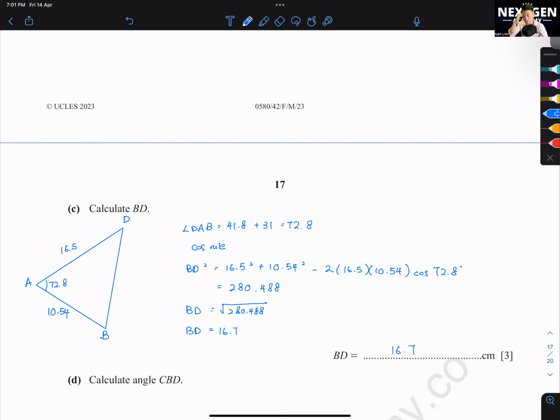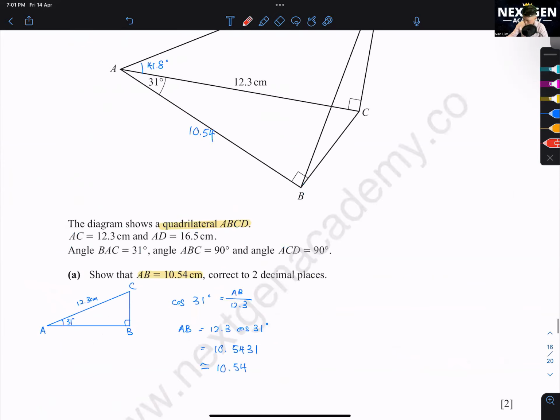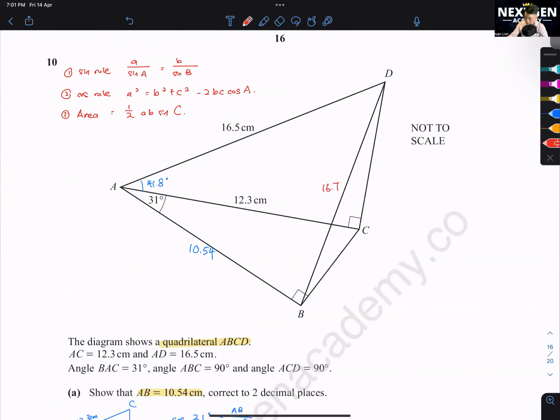Okay, 16.7 cm. So let's put it back here. Here we have 16.7. Look here, don't get distracted by the other lines. All right, next one. They say calculate angle CBD. Where's angle CBD?